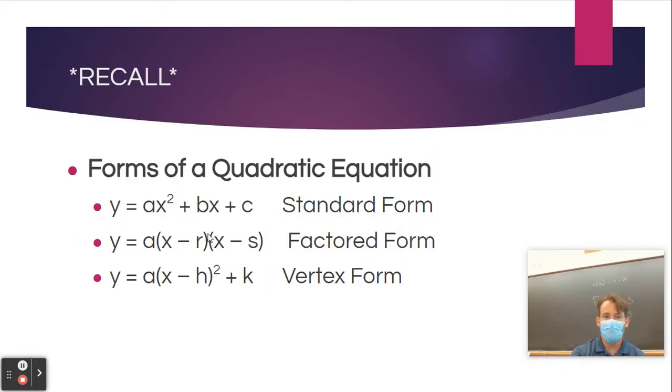So we have these forms of the quadratic equation. y is equal to ax squared plus bx plus c is our standard form. What information can we get about the quadratic from that form? C, you said? Yeah, what does c tell us? Dave, it's the y value of the y-intercept.